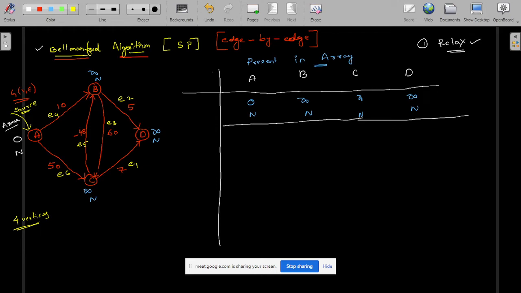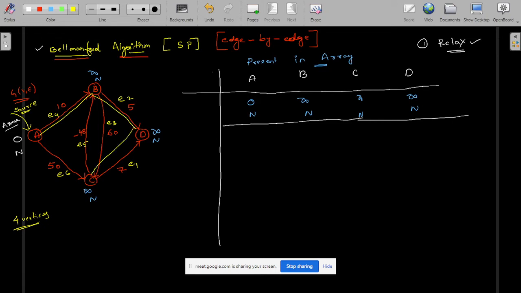So many iterations we will do, that is called rounds here. For 4 vertices, how many rounds do we have to do? Suppose I want to visit each and every vertex: A to B, again B to D, again D to C. That's it.